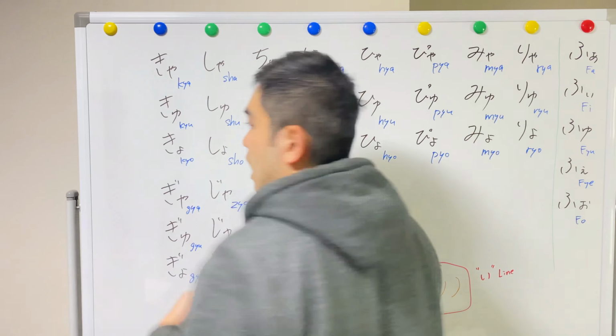Kyoto, the very famous place in Japan, right? And you want to visit there. Kyoto. We say Kyoto. This is the mora trick, right? So you have syllable sound, so you want to pronounce like Kyo-to. But we have mora sound, which is the kyo sound and the u sound and the to sound.